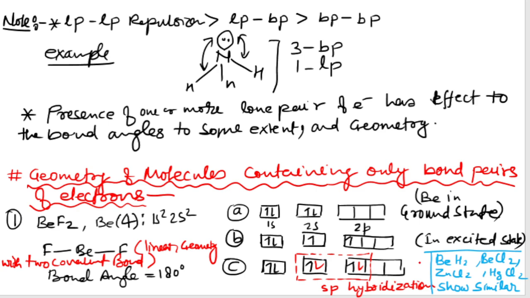These kinds of molecules show similar features and geometry. Here the geometry is linear, the bond is a covalent bond, and the bond angle is 180 degrees.